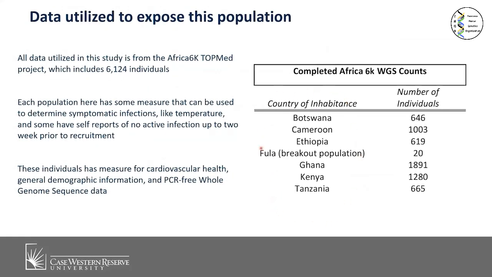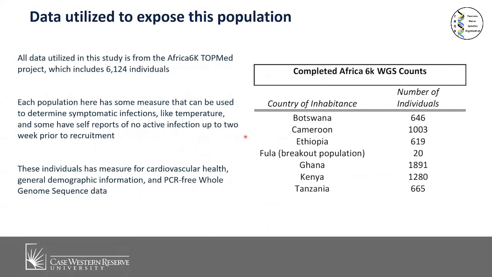The reason I say this is because several of these countries are in different stages of their elimination efforts. So it gives us a good range of things that we may see as elimination progresses forward in the realm of asymptomatic individuals.